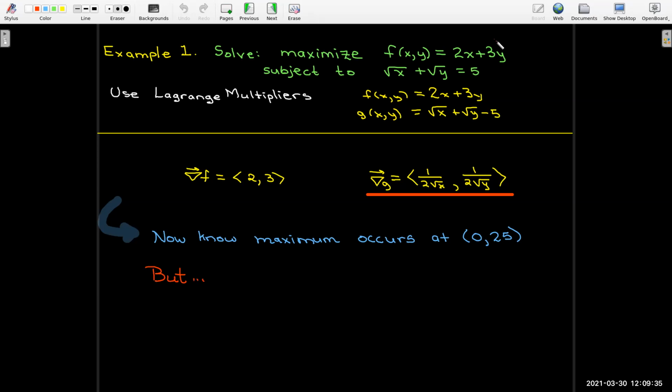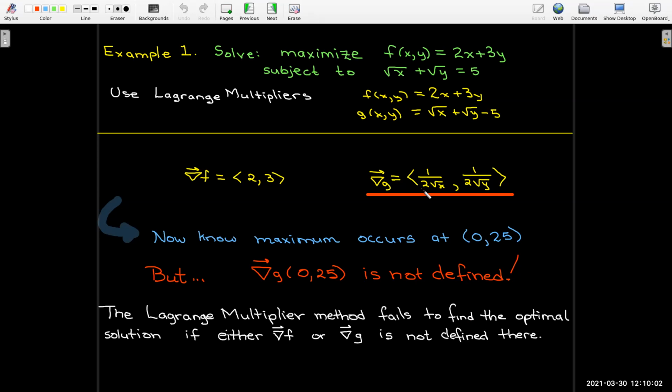The problem is the gradient of g is not defined when x equals 0 or when y equals 0. So the gradient of g is not defined. Even though x equals 0 and y equals 25 is in the domain of g, the gradient of g is not defined there.